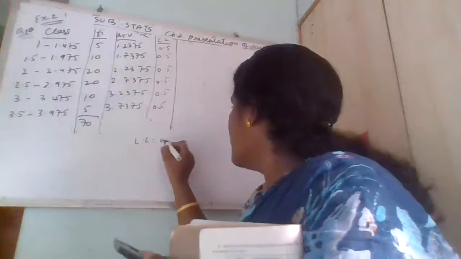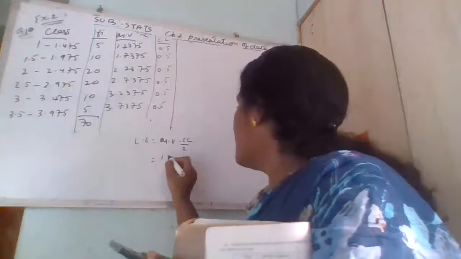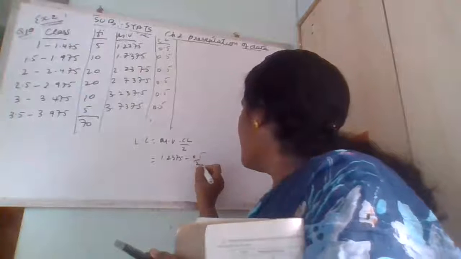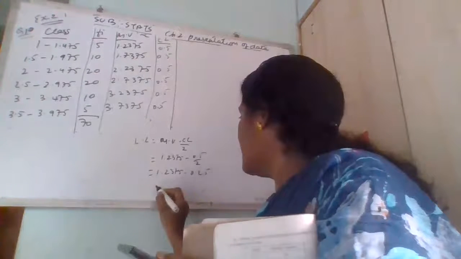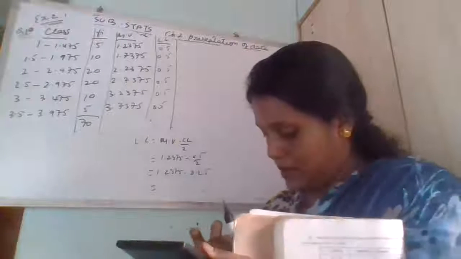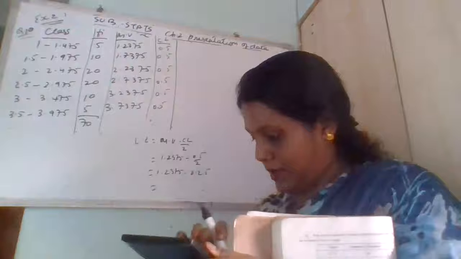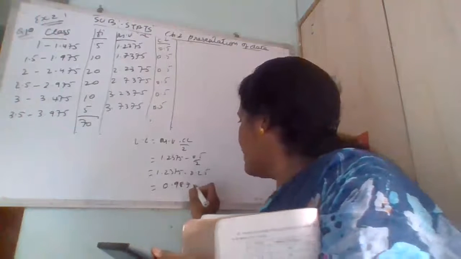Lower limit is mid value minus class length upon 2, that is 1.2375 minus 0.5 upon 2, 1.2375 minus 0.25. We will do the calculation: 1.2375 minus 0.25 is 0.9875.